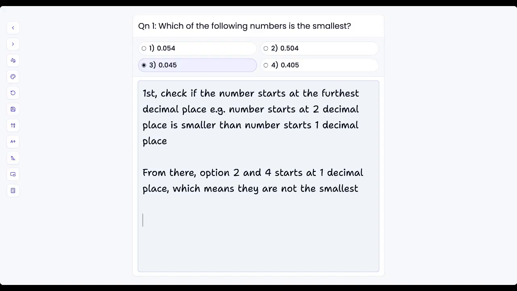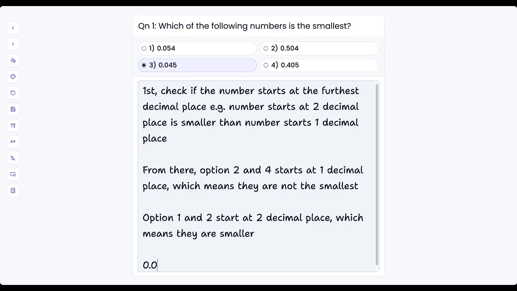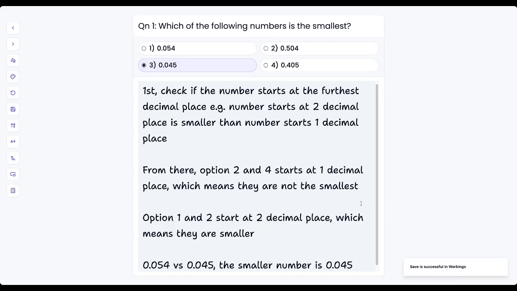Option 1 and 3 start at 2 decimal places, which means they are smaller. So 0.054 versus 0.045, the smaller number is 0.045. Okay, there you go. So that is the answer. That's it. Let's move on to the next question.